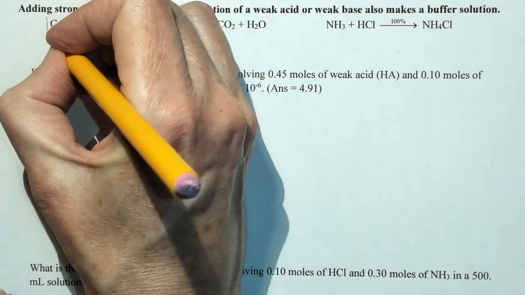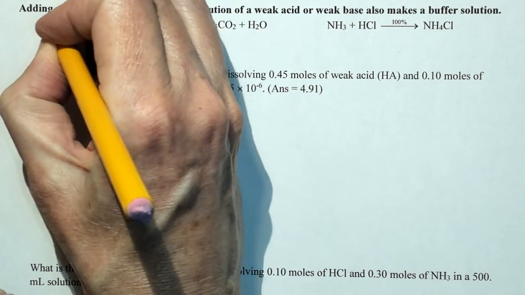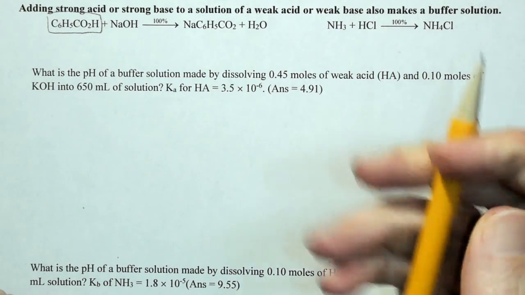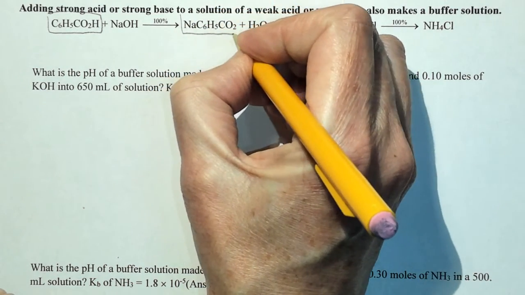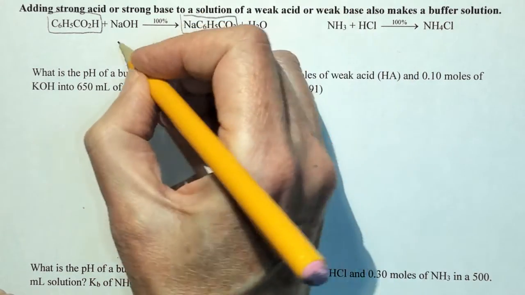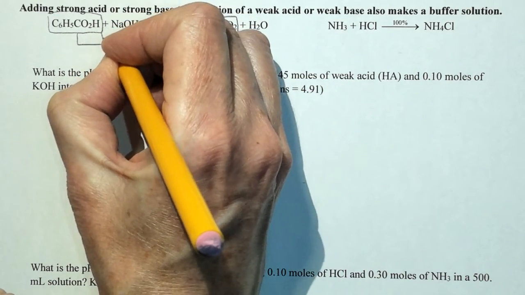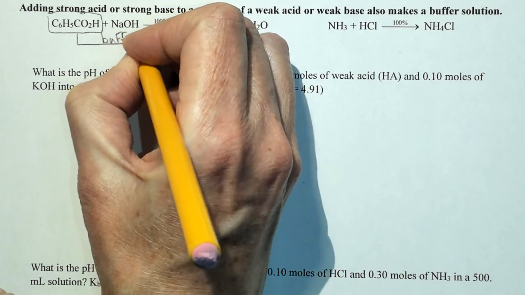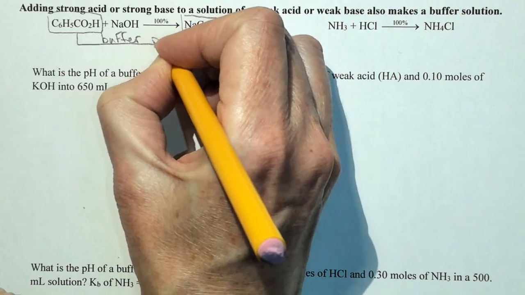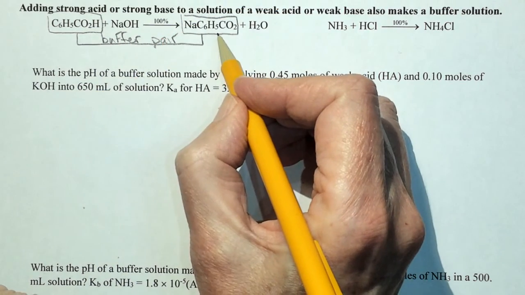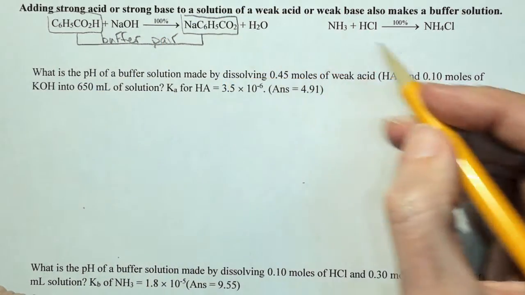And notice that as we go through this process, we are creating a conjugate acid-base pair. So we have a buffer pair that we are forming here. Hence, as we add the sodium hydroxide, we are making a buffer.